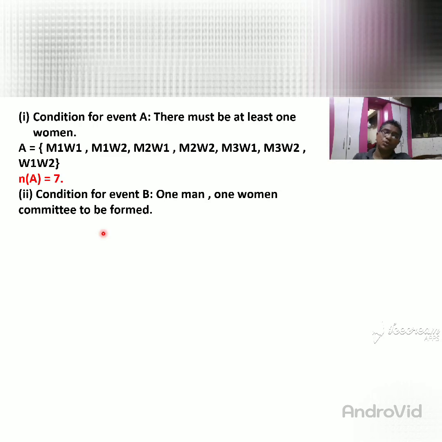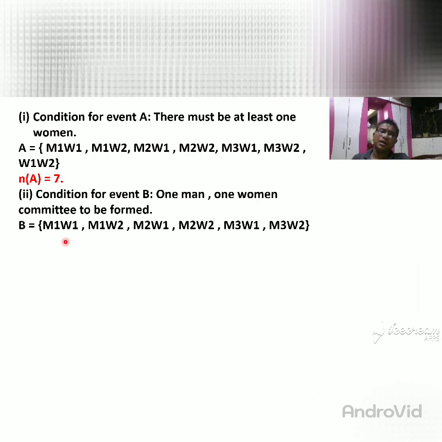So see: M1W1, man, woman. M1W2, man, woman. M2W1, man, woman. M2W2, man, woman. M3W1, man, woman. M3W2, man, woman. So the number of B is equal to 6.